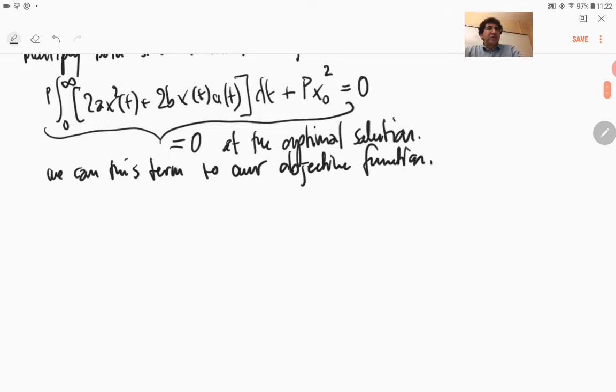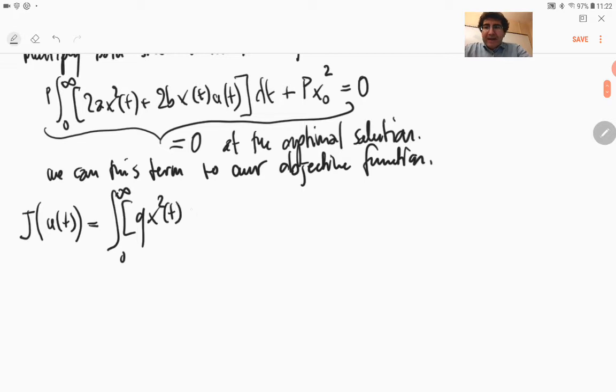Because at the solution this term becomes 0, it doesn't have any effect on our cost function. Remember that our cost function, which is a function of u of t, was composed of a first term, which was a combination of the state and the input. So this is our original objective function, but we can add the entire above term to this and not affect the value of the cost function at the solution.